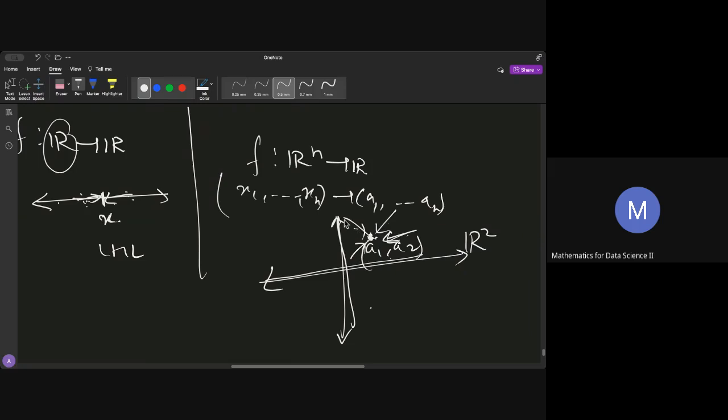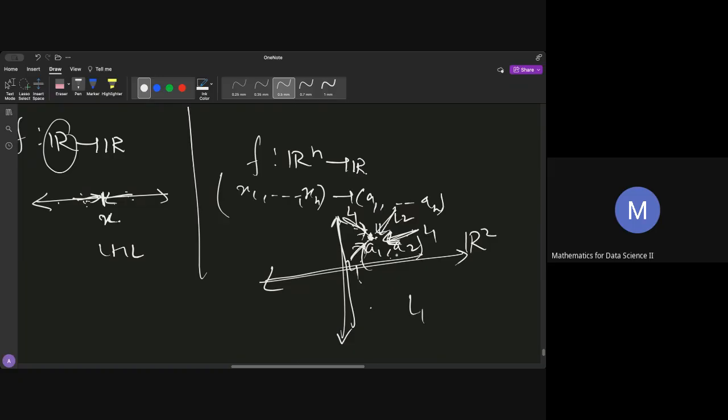That means if from this direction I'm getting an L1 limit, and from this direction I'm getting an L2 limit, then my limits are not matching, right? If from every direction I get L1, that's fine.